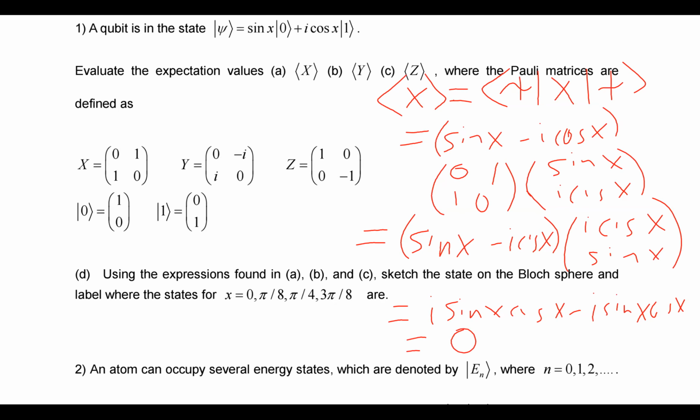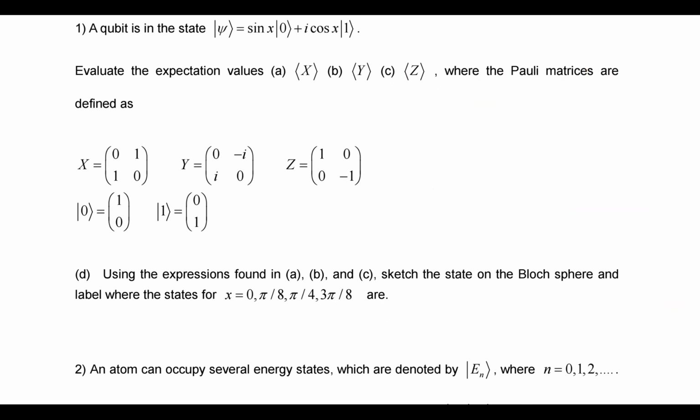I think for this one, what you should find is that we could actually visualize this thing. If you go through and do the same thing for Z, you need to visualize this eventually on the Bloch sphere, right? So for Z, let me just do some mental arithmetic.